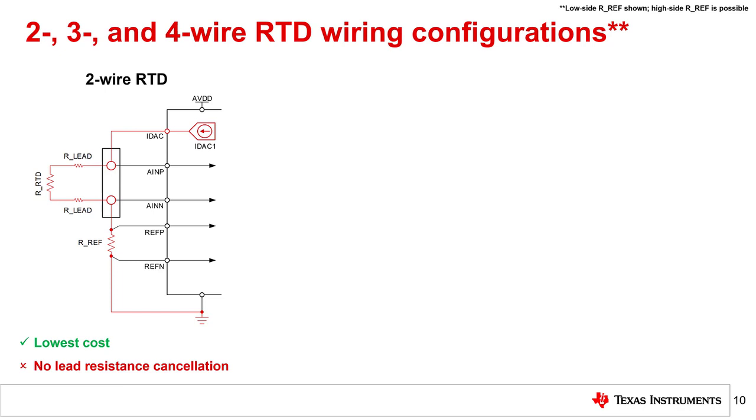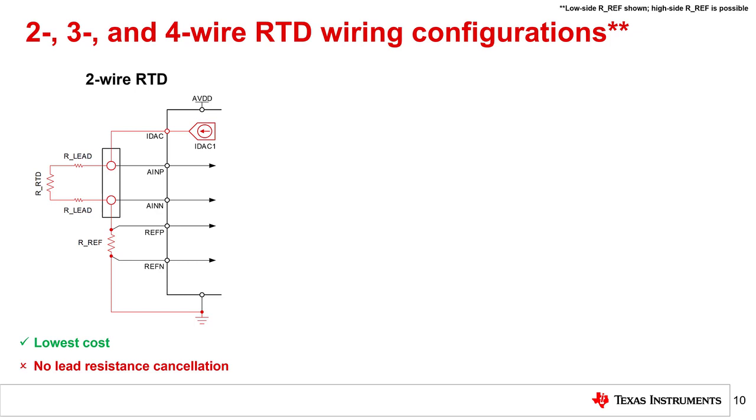When the RTD is biased, current flows through the sensor along the path in red. In the case of a 2-wire RTD, both lead resistances are part of the measured input and cannot be automatically removed. While this lead resistance is typically negligible when the RTD wire length is short, some applications can require very long leads.